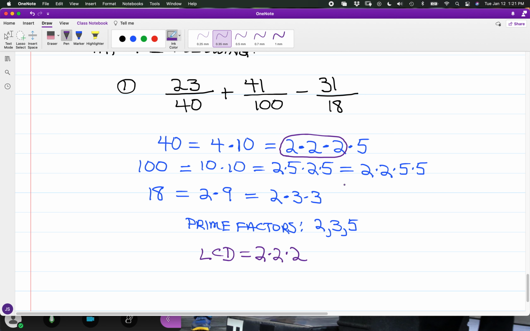And as for 3, it doesn't appear at all from 40 or 100, but it does appear twice from 18. And as for 5, it doesn't come from 18, it appears twice from 100 and only once from 40.